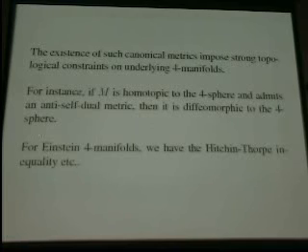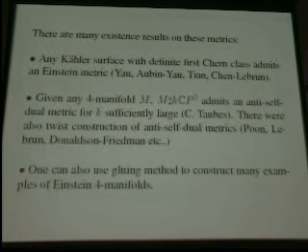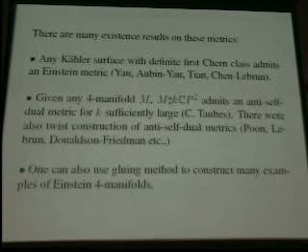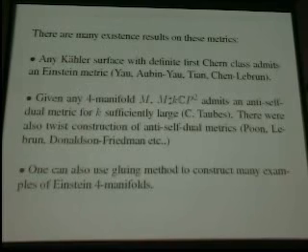For Einstein four-manifolds, we also have the so-called Hitchin-Thorpe inequalities, and later with the help of the Seiberg-Witten equations, you can get more constraints. There are also many existence results of Einstein metrics and also anti-self-dual metrics.